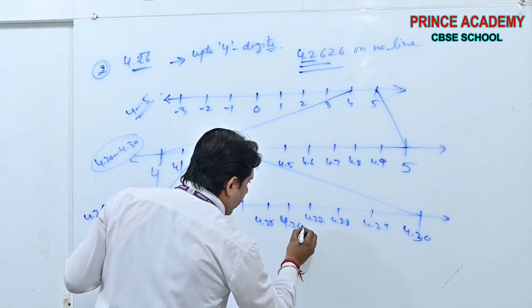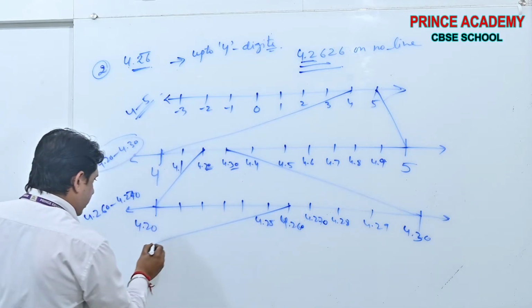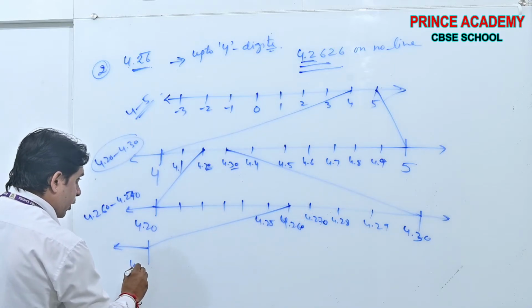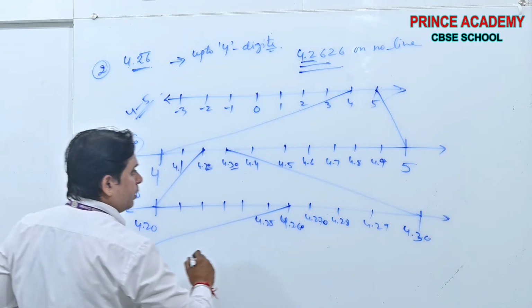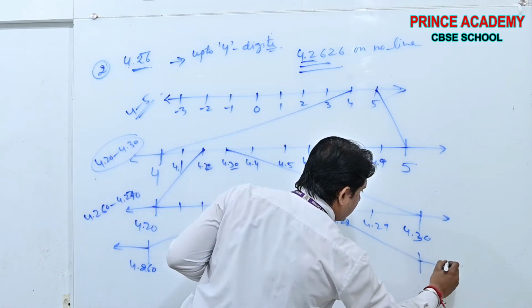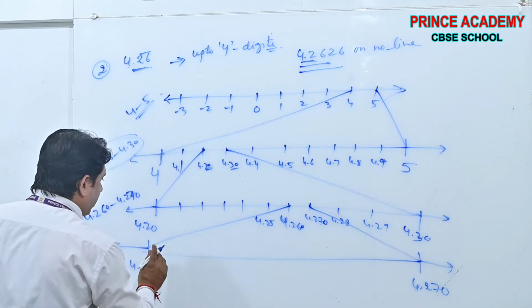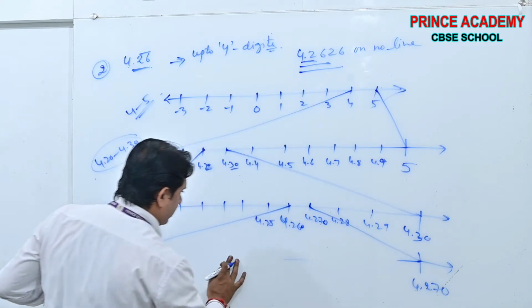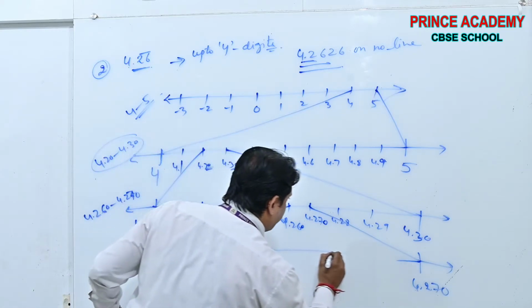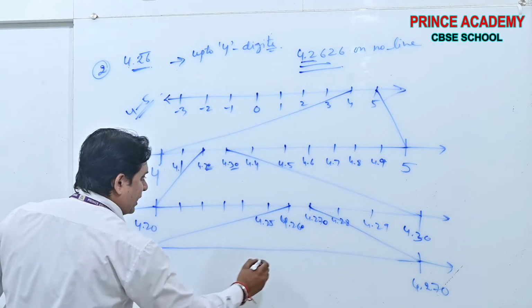If I put 0 here, 0 here, it will be like this, 4.260, and then it will be like this, 4.270. Okay, yes or no? Now if you divide this part into 10 parts, what will you get?